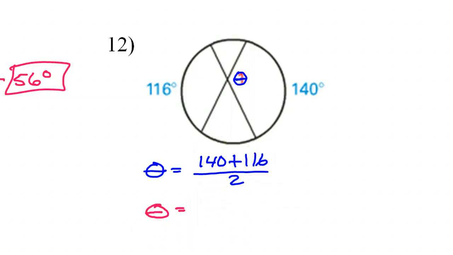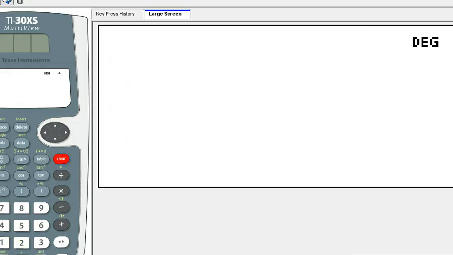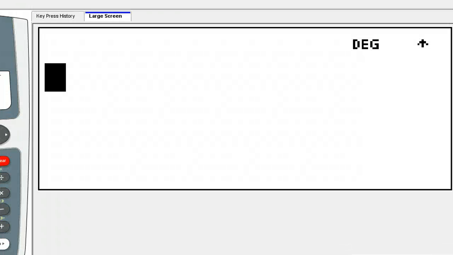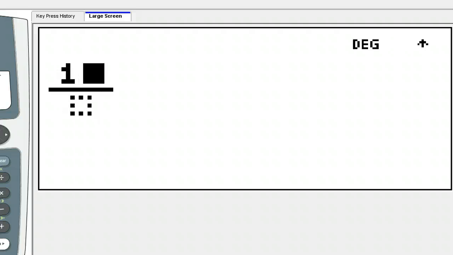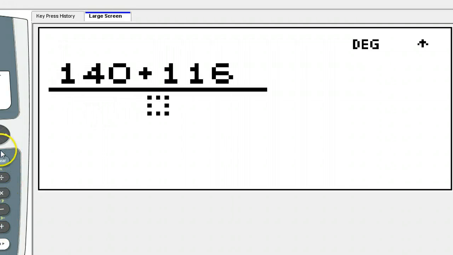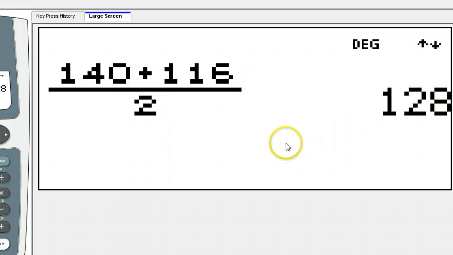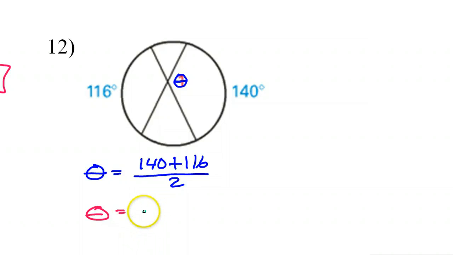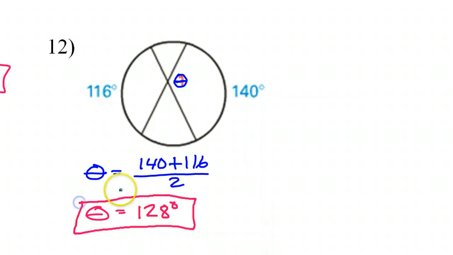So I'm just going to put this in the calculator. 140, 116. Okay, 128 degrees. Alright, number 12 is as simple as that.